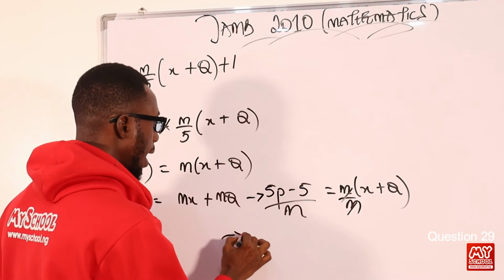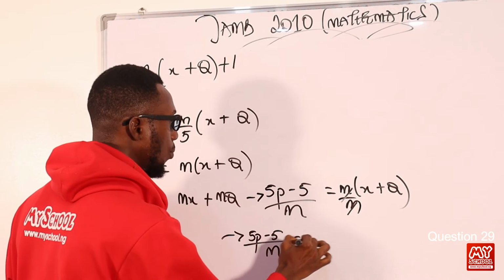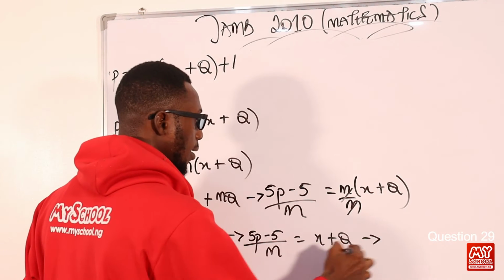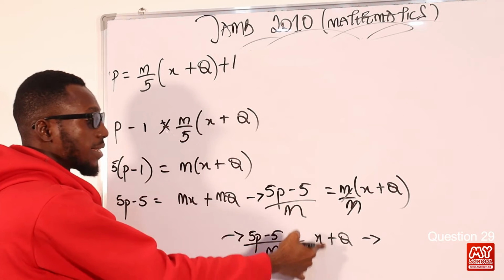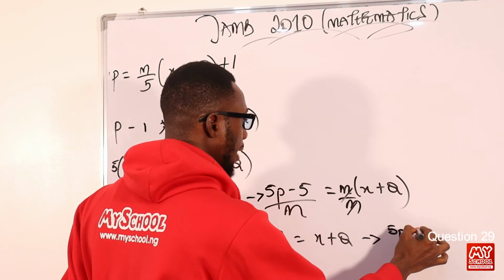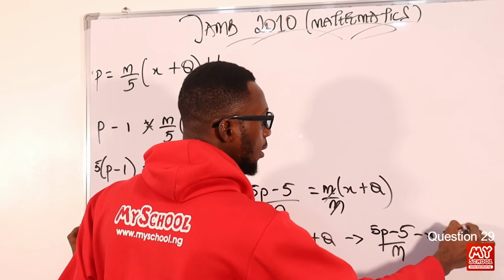So basically I have 5P minus 5 over M equals X plus Q. That means my Q remains positive. If I send X, it's going to become minus. So I have 5P minus 5 over M, minus X equals Q.